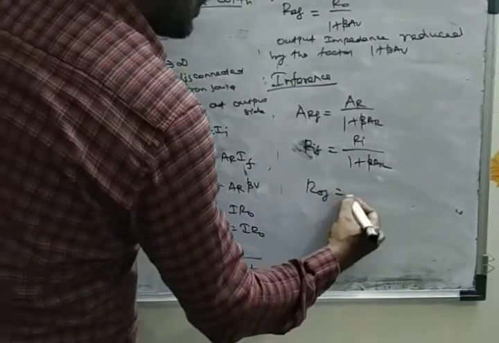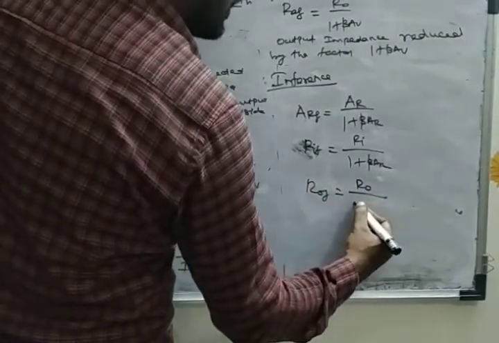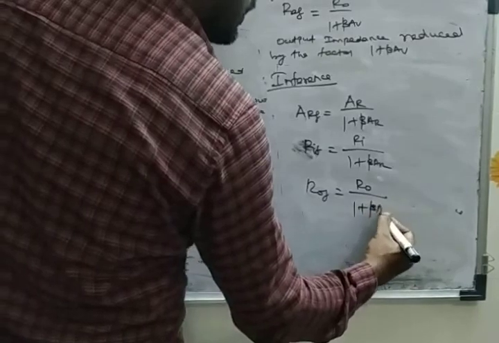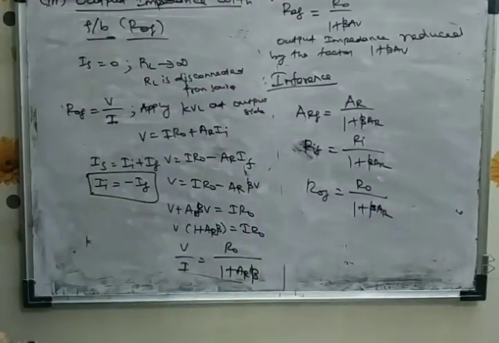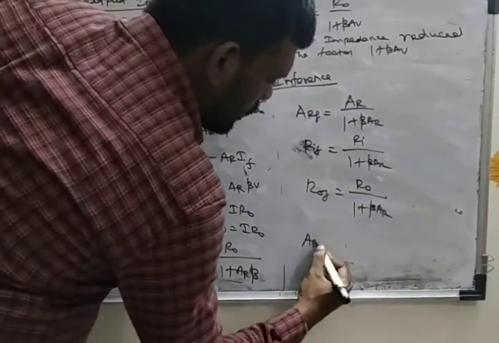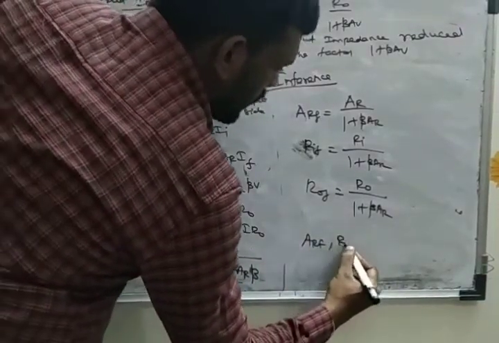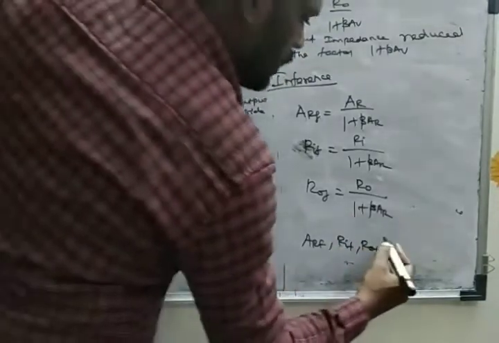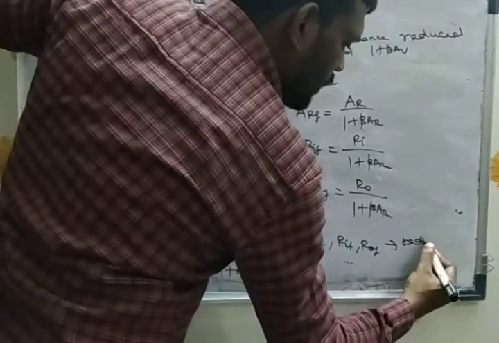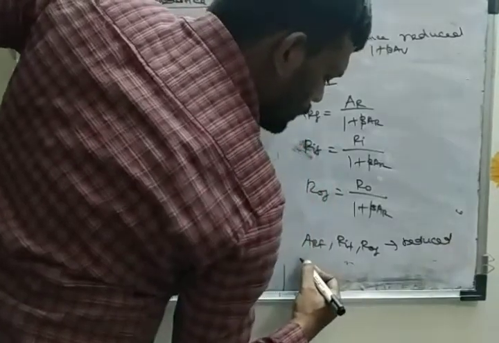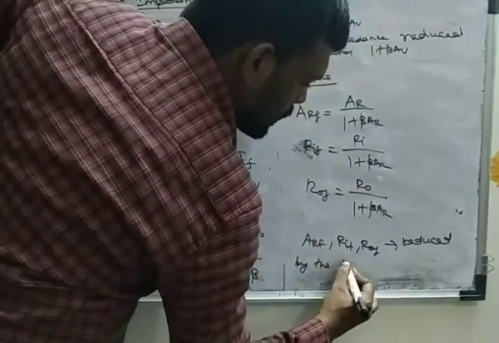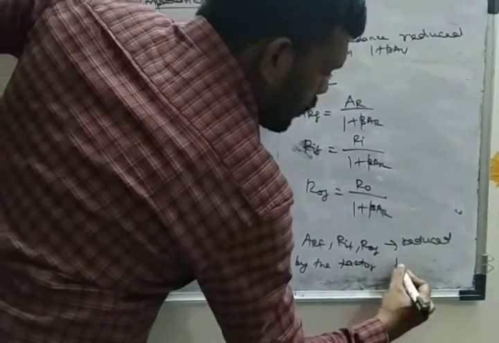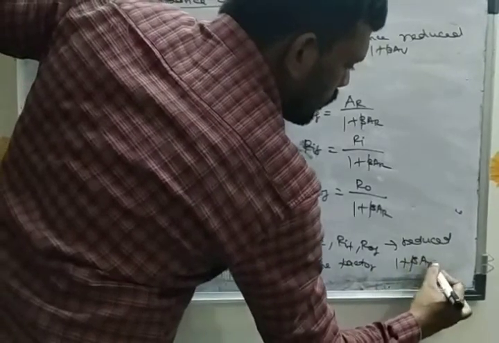R0F is equal to R0 by 1 plus beta AR. So in the case of a voltage shunt feedback amplifier, ARF, RIF and R0F are reduced by the factor 1 plus beta into AR times.